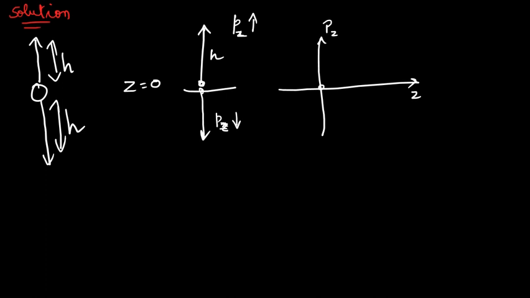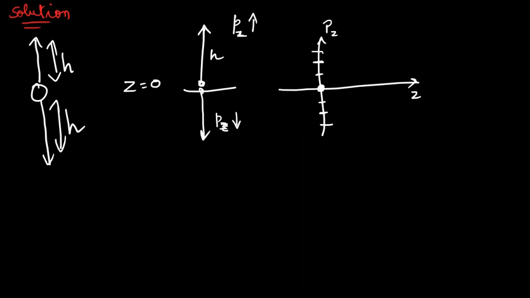So if you see the diagram, the ball bounces at z is equal to 0, so there is nothing over here. And whenever it bounces at z is equal to 0, the momentum will be maximum. This is my momentum. And it will come down at the same height, which is over here, so the momentum will be minimum, that is, it will be minus pz. Similarly, if it bounces again to some height like this, then elastically it will come down to this height.